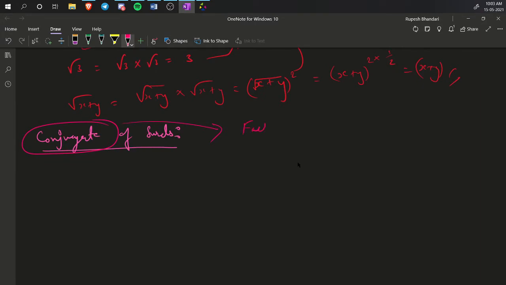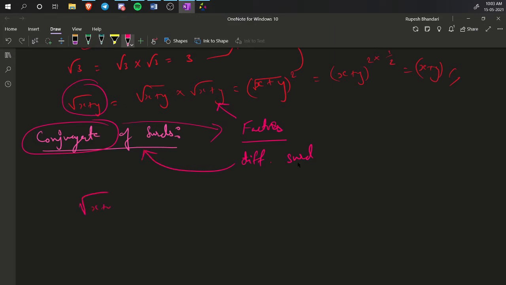Suppose this was a surd, and then you multiplied it with a similar surd. If the factor is a negative number, or it's different from the actual surd, then it is called the conjugate of the surd. Okay, so let's have a look.